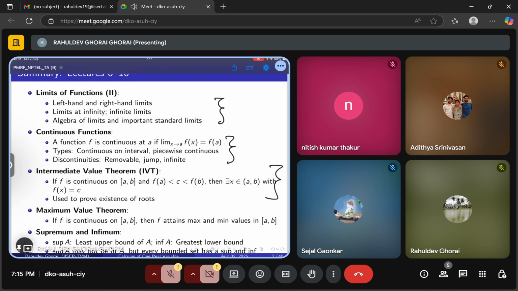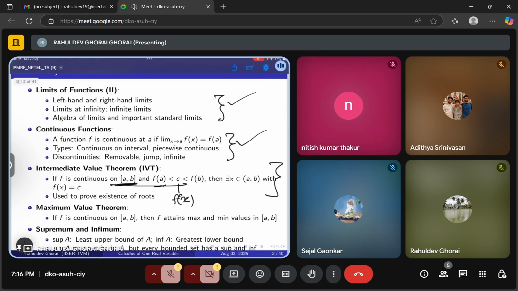Okay, so limit, continuity, you have the theory and the intermediate value theorem, which says that if f is a continuous function on a closed interval [a, b], and if f(a) is less than c less than f(b), then you will have a point x so that f(x) will be equal to c. So that is the intermediate value theorem. I will be assuming all these things and moving on, because otherwise I cannot solve many problems.